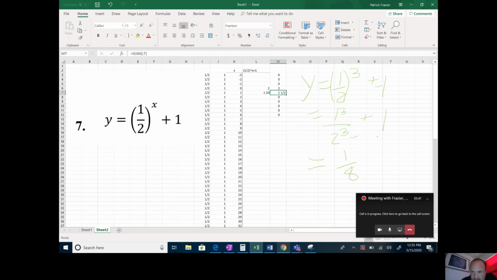So that's 1/8 plus 1. And if I drag that down, and drag that down again, you'll see 1 1/8, and it's made it 1.13, and it's actually rounding.